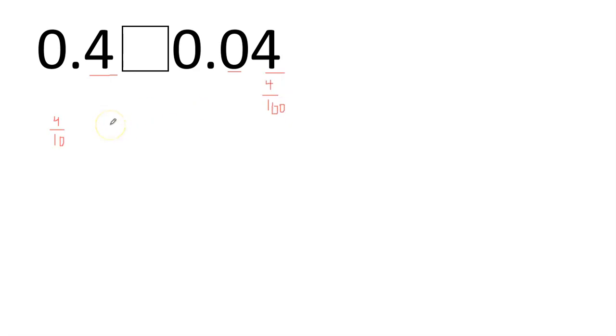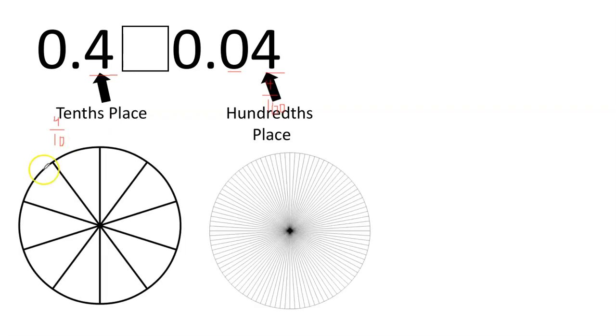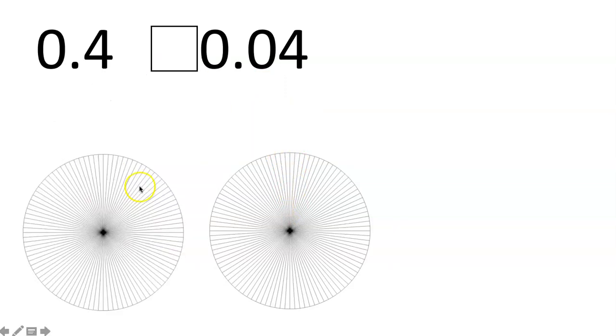Well, what we could do here is we could just compare 2 slices of pie, and this pie is sliced into 10 pieces, and these pieces are sliced into hundredths. So just think about how this slice is larger than one of these slices. So if you have 4 of these larger slices, that's going to be more than if you have 4 of these smaller slices.